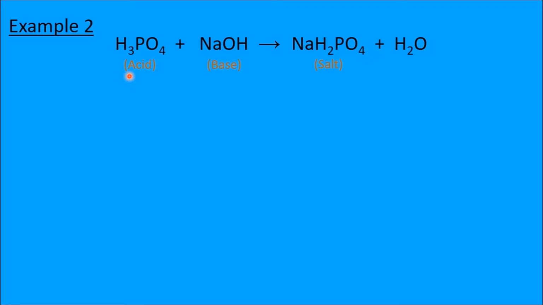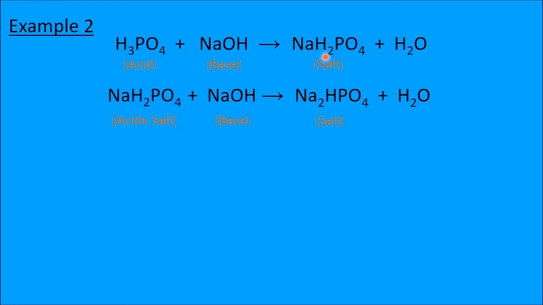H3PO4 forms this salt. The capacity is 3, but we are removing only one. Next, this salt produced in the first reaction comes here and works like an acid. So this is called an acidic salt. Again, this salt is formed.